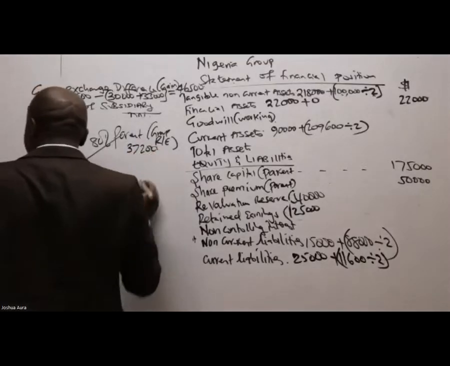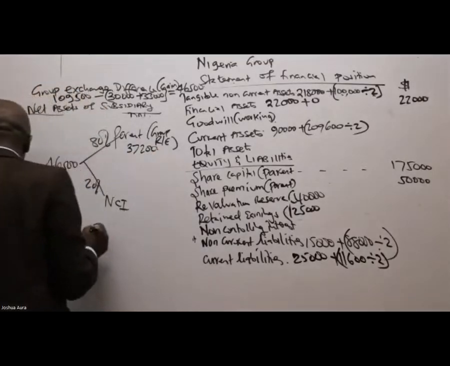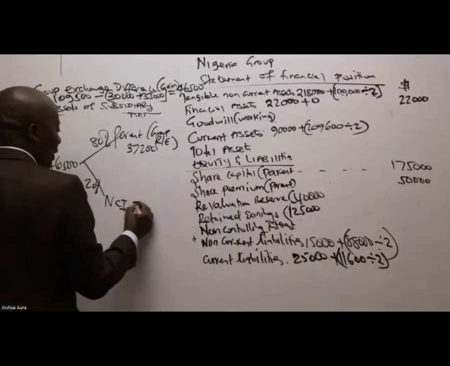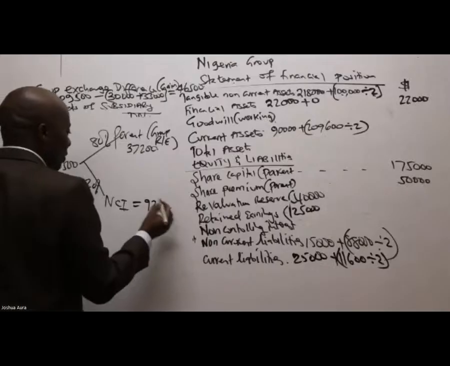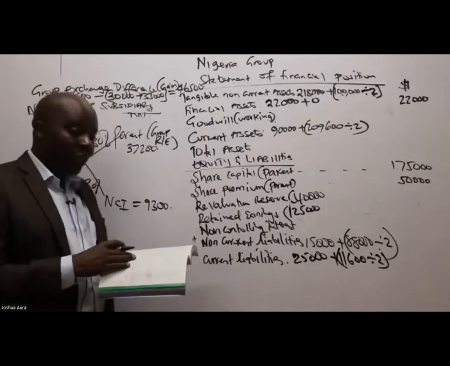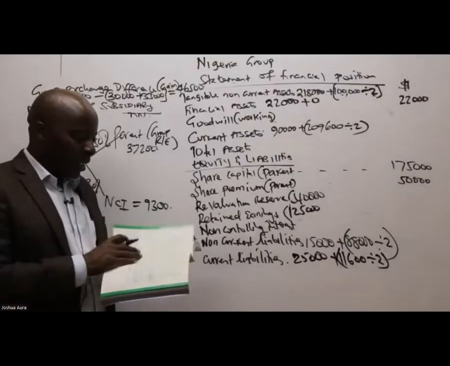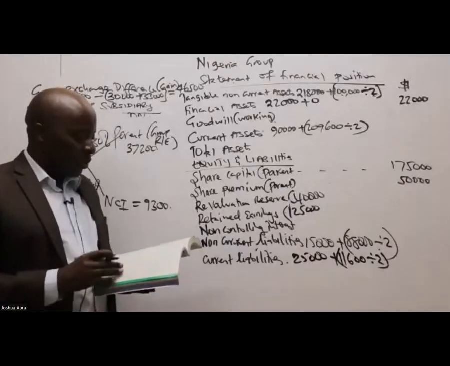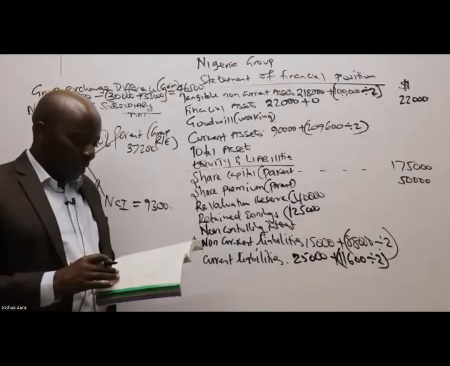And then we have NCI. NCI is 20% of this. So NCI, I'm being told, is 9,300.